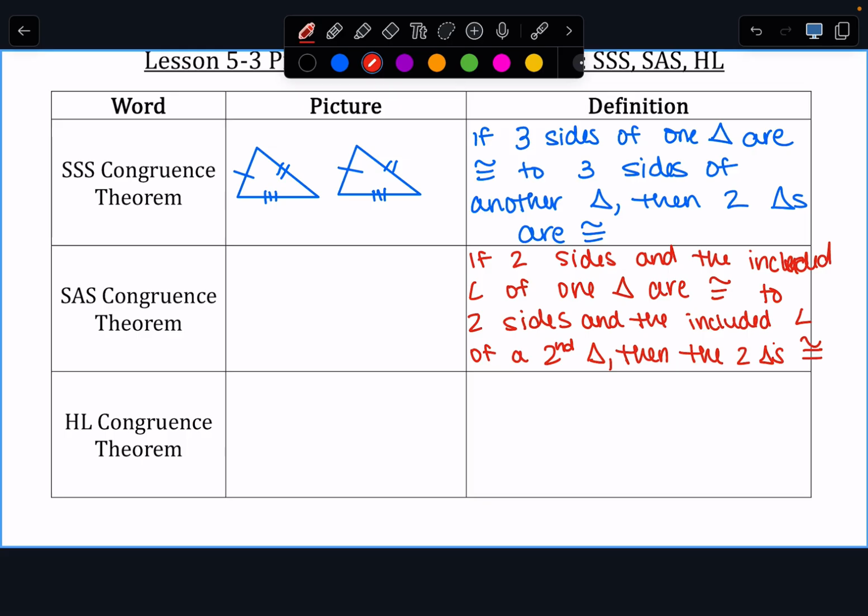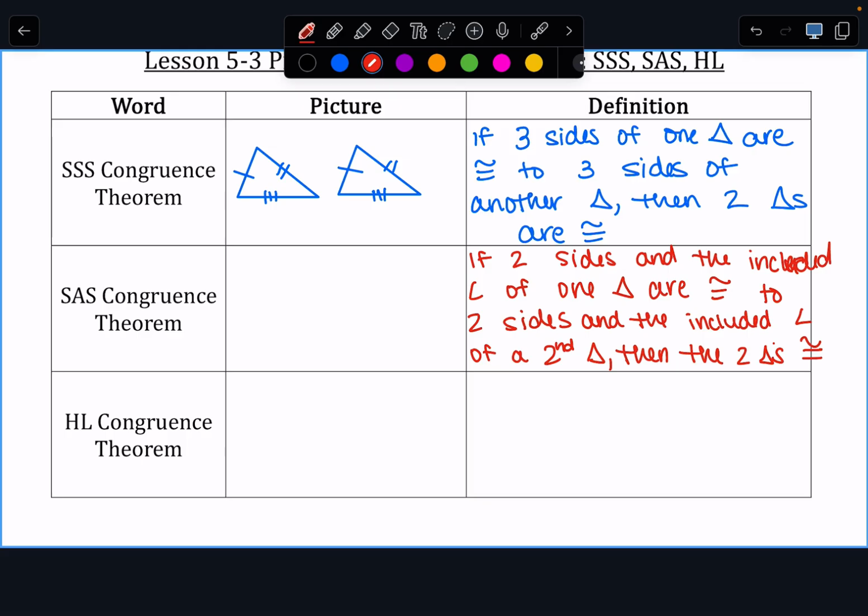I know that it's wordy, but it is important that we say the included angle. The angle being in between the 2 sides matters. We cannot have an angle and then 2 sides because we do not have bad words in math class.